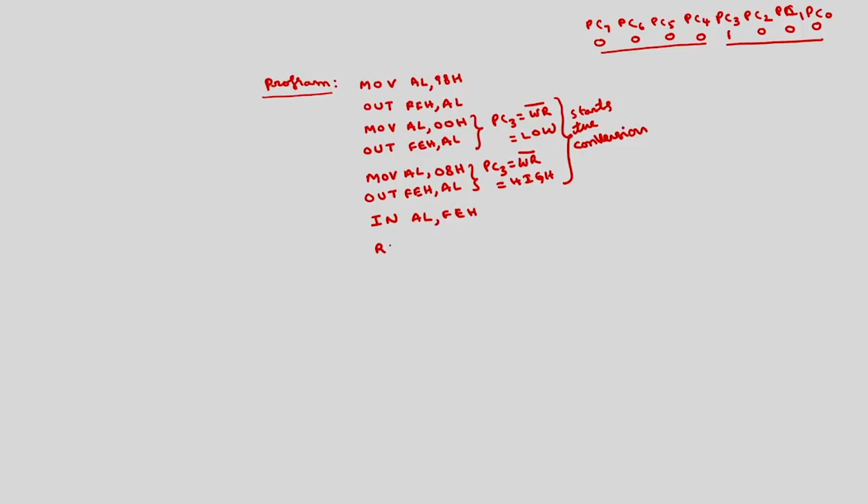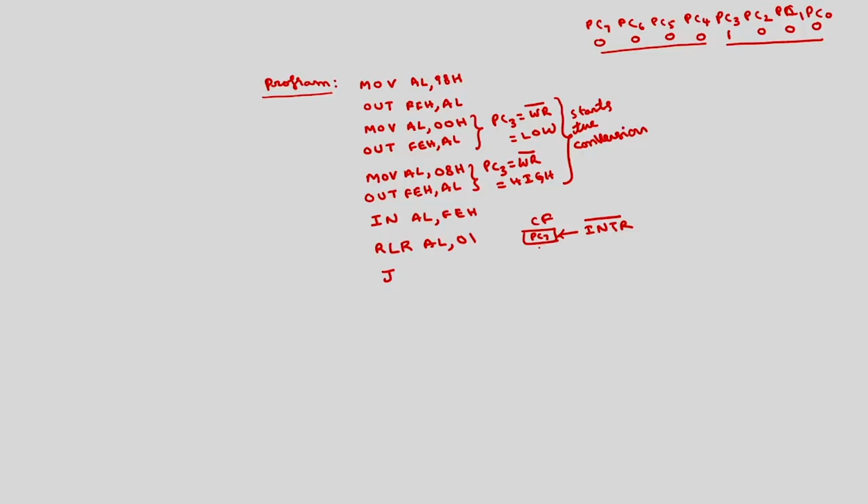Rotate left accumulator, RLC AL, 01, so that the MSB bit will come onto the carry flag. This is PC7, which is the status of INTR bar. If this is 0, jump on carry. If this is 1, that means carry, that means conversion is not yet over.